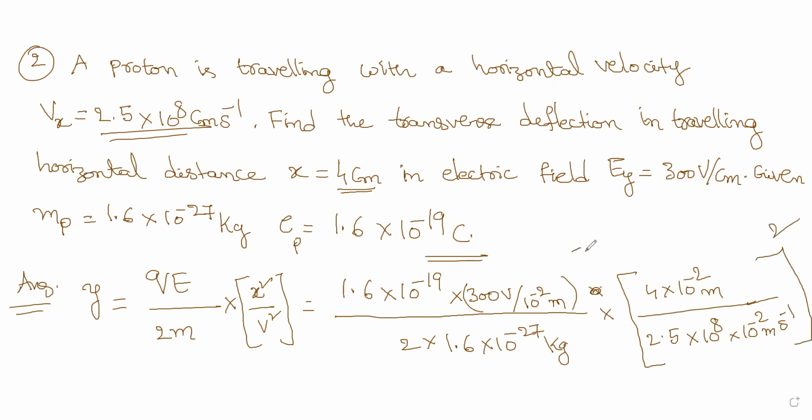When we work out, the answer happens to be 0.38 mm. This will be the amount of deflection, or you can write 0.38 into 10 to the power of minus 3 meters.